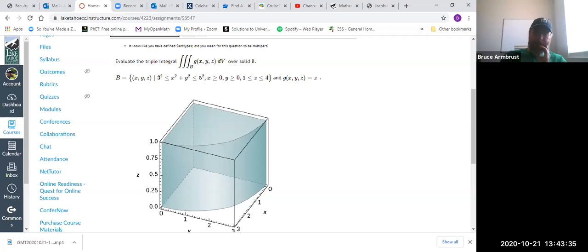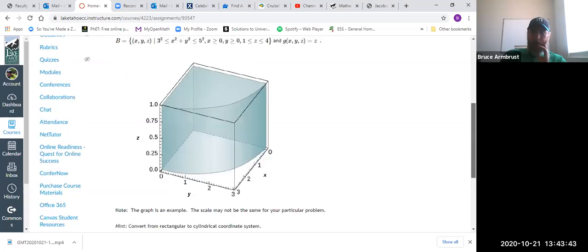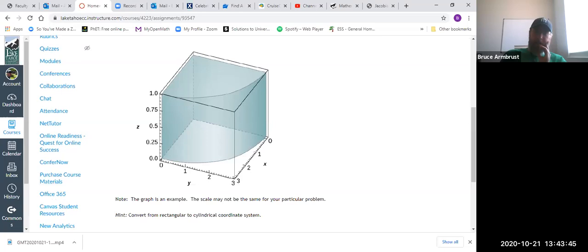The y's are greater than or equal to 0, as are the x's, and our z's are between 1 and 4. I'm going to warn you here, this graph is an example, and it may not be the same. It's not quite the same, but it's a similar idea in terms of our shape.